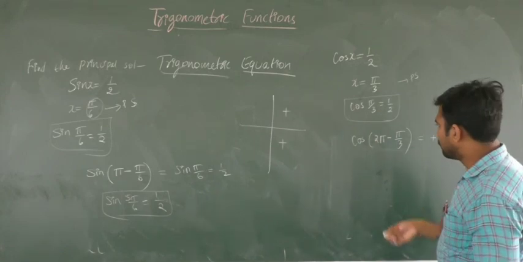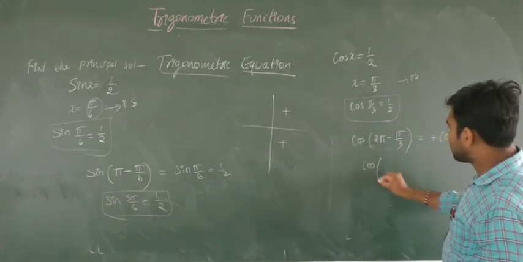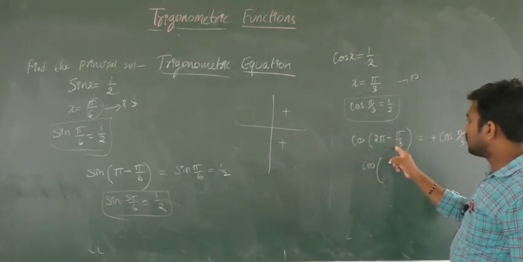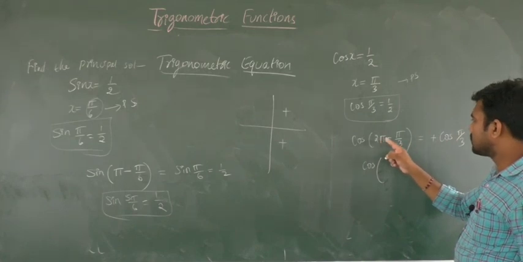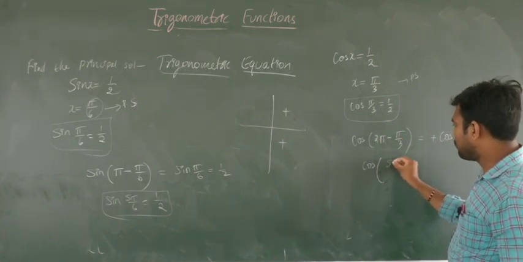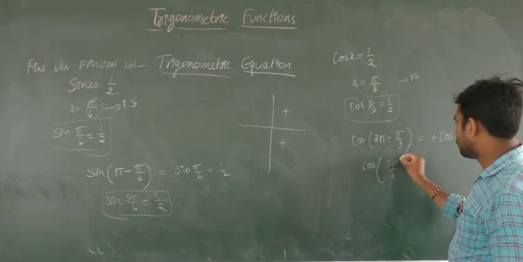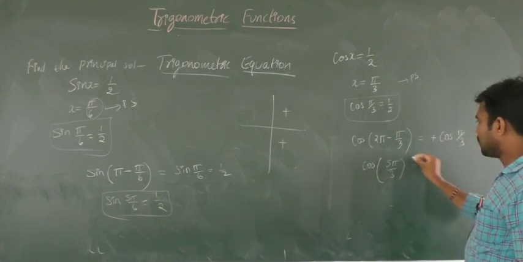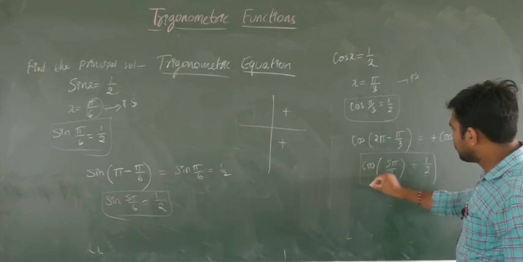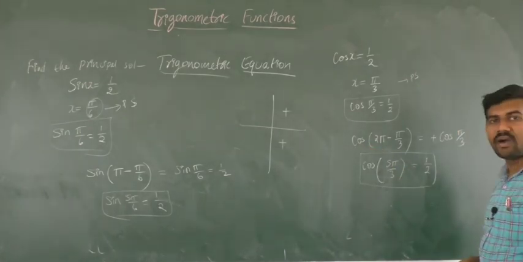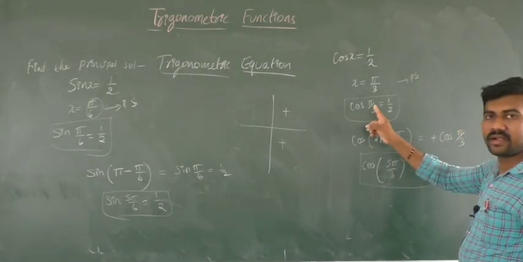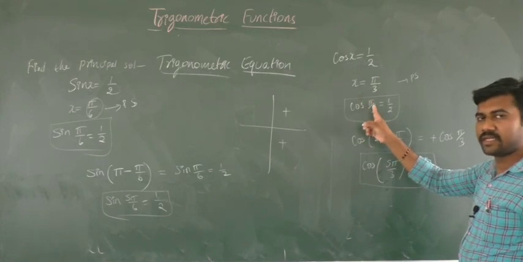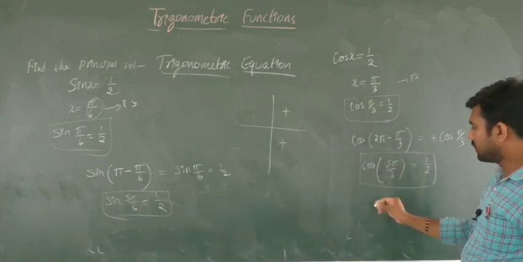So cos of 2 pi minus pi by 3, what is the value? See, take the LCM, 6 pi minus pi, 5 pi by 3. So this is also equal to half. Clear here? Cos takes the value half when x is equal to pi by 3 and x is equal to 5 pi by 3.